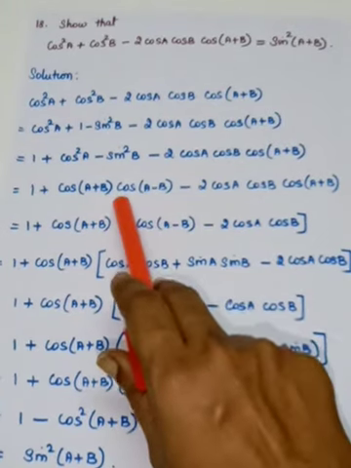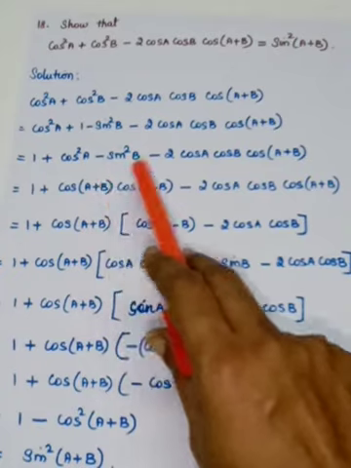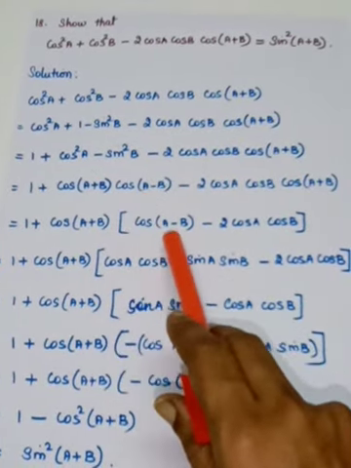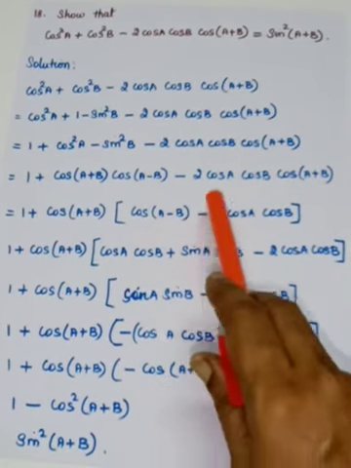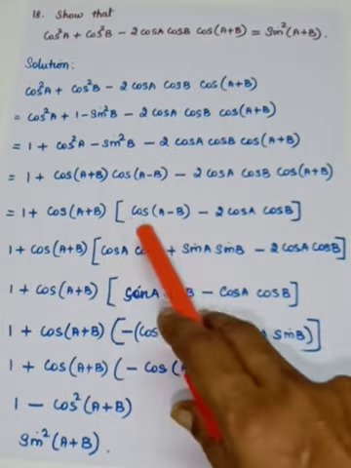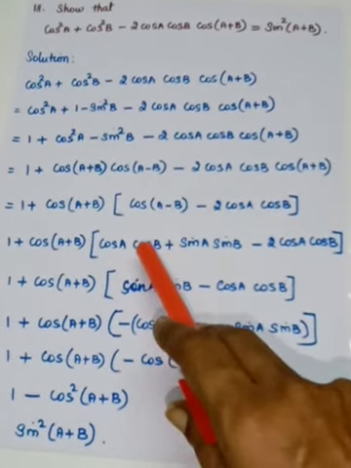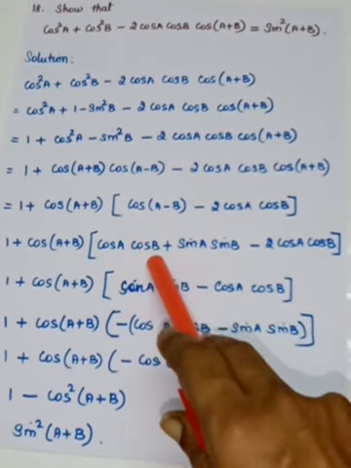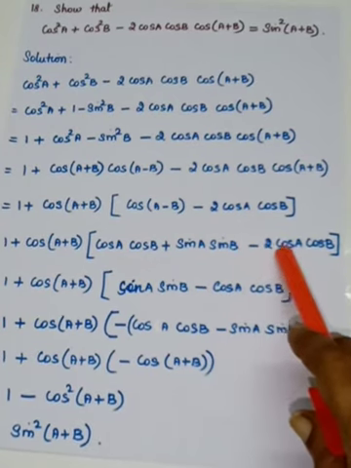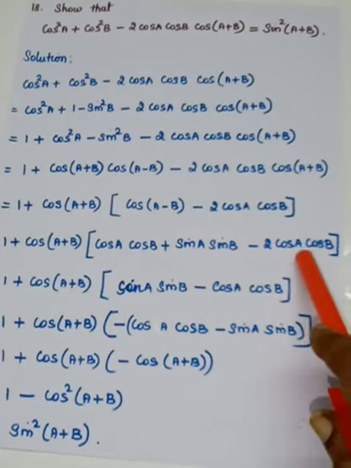So from the second term and the third term, what is common? Cos(a plus b) is common. So it has to be taken out. What is remaining here? Cos(a minus b) minus this term 2 cos a cos b. Okay, cos(a minus b), you have to use the trigonometry identity. So it is cos a cos b plus sin a sin b minus 2 cos a cos b. Look at the first term and the last term.